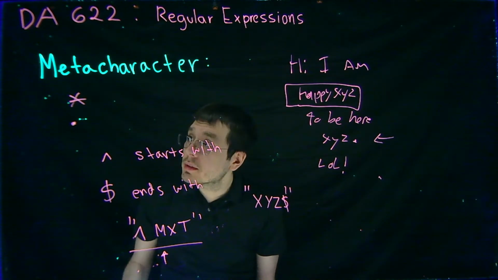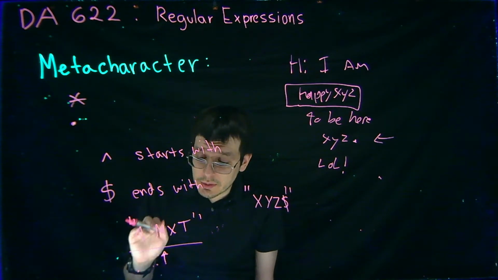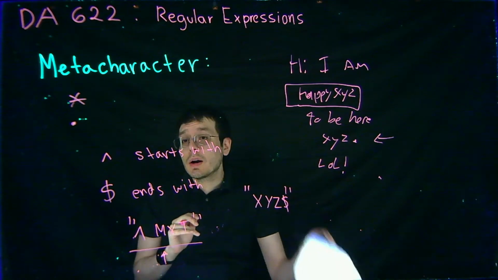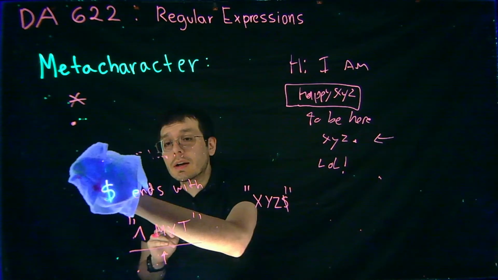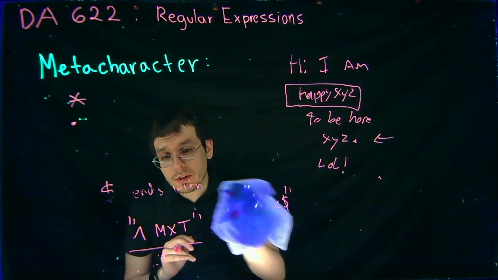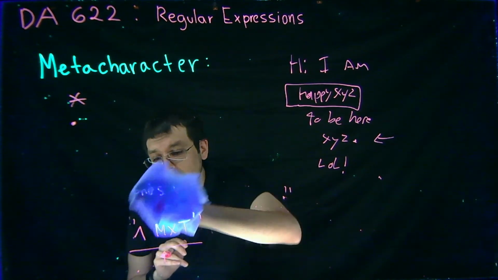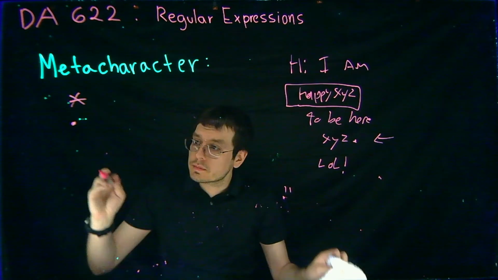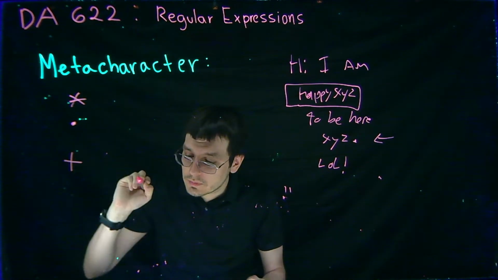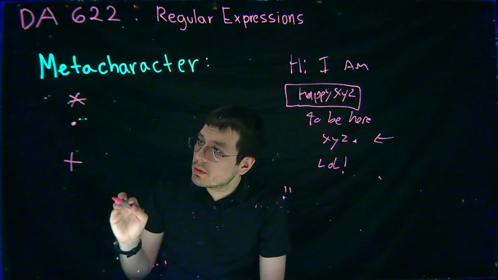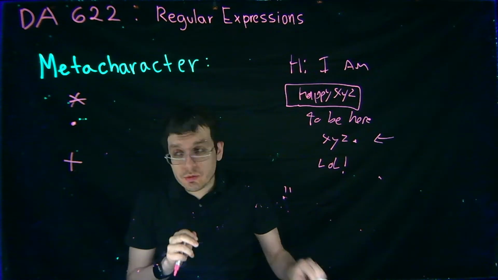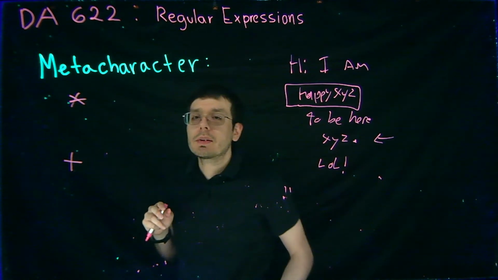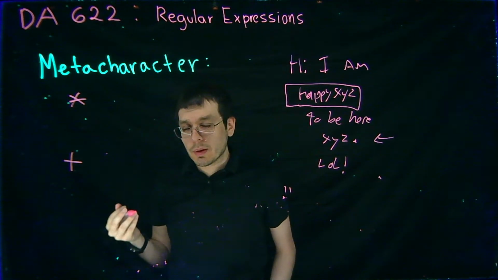So we got the square bracket, the dot, the hat, the dollar symbol, and the asterisk. Let's move on to a couple of variations on the asterisk, starting with the plus symbol. The plus symbol is almost the same as the asterisk with one exception. It does not include the empty string. Remember the Kleene star includes the empty string and then one or more repetitions.